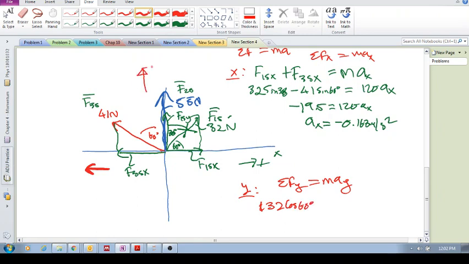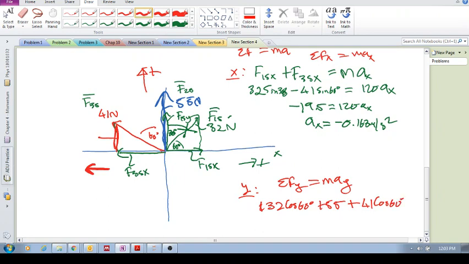Okay, we take that as positive, and then we're going to add our 55 because the force is directed in the y direction. It's due north. And then we're going to add this component here, which is simply 41 cos 60, right?